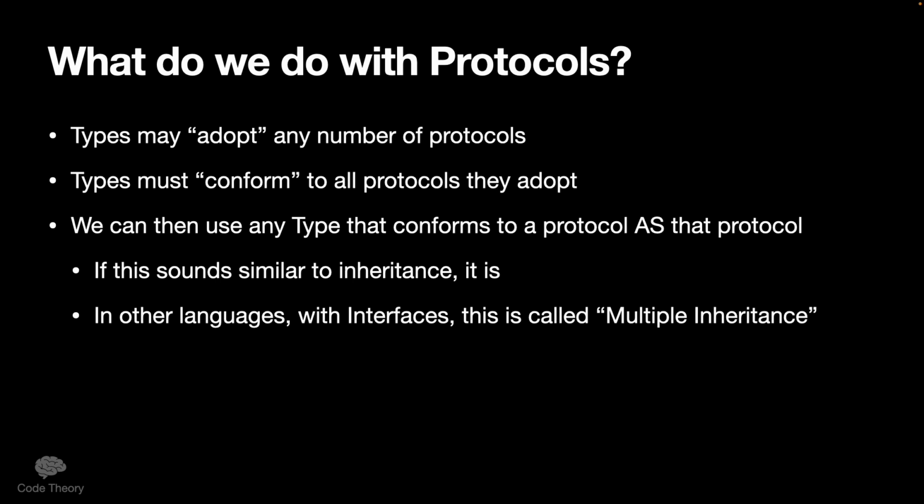But if you have a variable that is set to be the type of that protocol, you can instantiate any other type, like a class or a struct, that adopts that protocol and store it in that property, or a reference or value, variable or constant, whatever you want to call it. As I said, if this sounds similar to inheritance, it is. It's basically the same thing, except your superclass is a little weird and different.